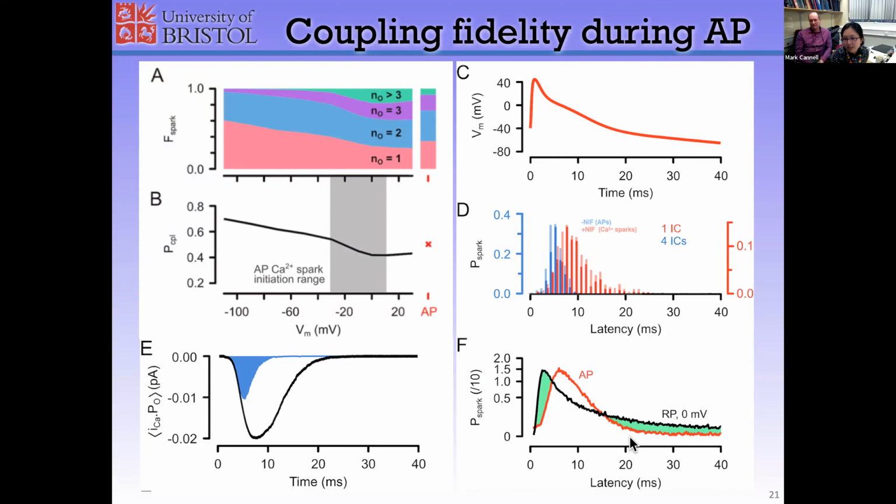But during the AP, the early calcium sparks are prevented because the action potential peak is so positive, and this reduces calcium current and reduces calcium spark probability. Later on, the action potential is repolarizing, and this reduces LCC open probability so that fewer open and fewer sparks are activated.